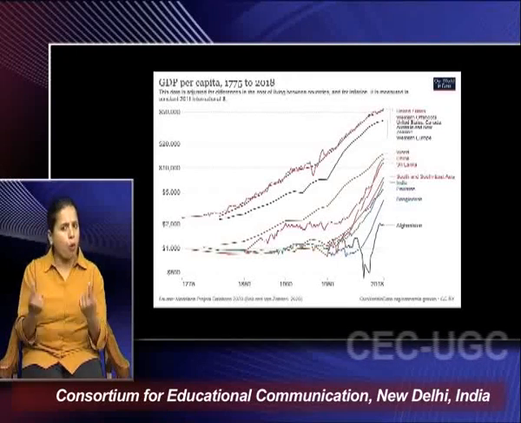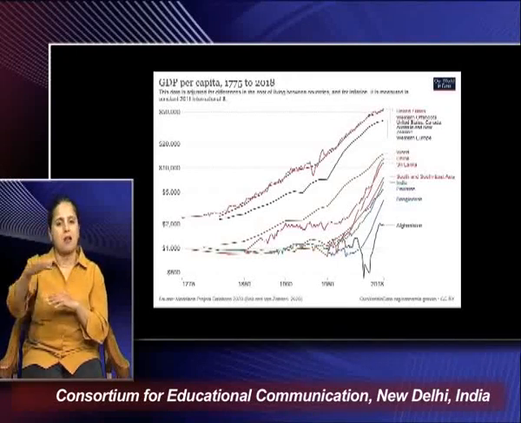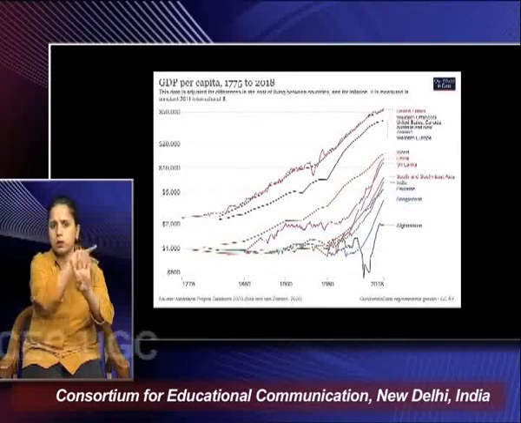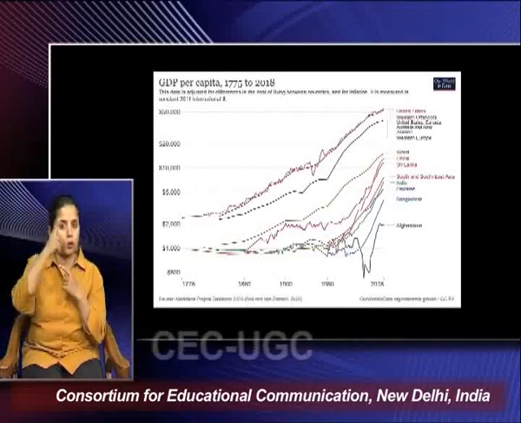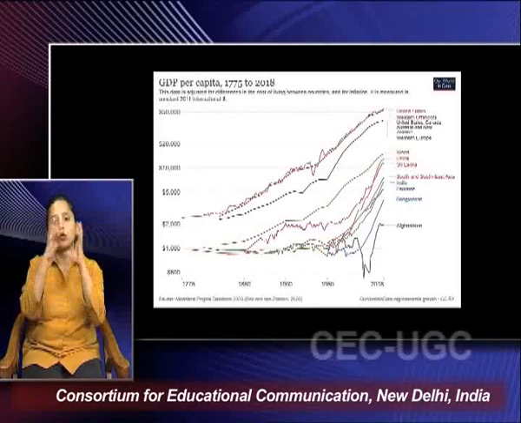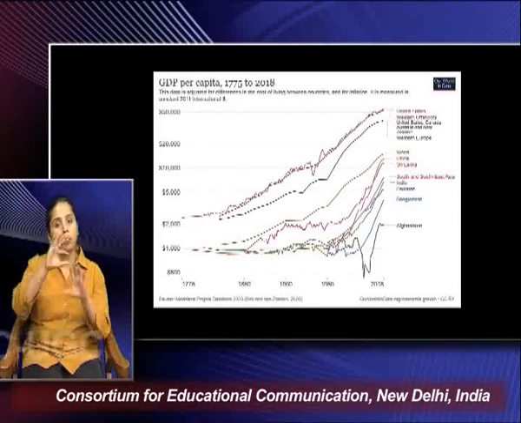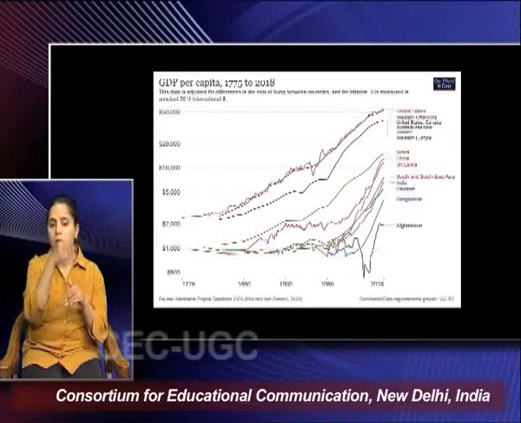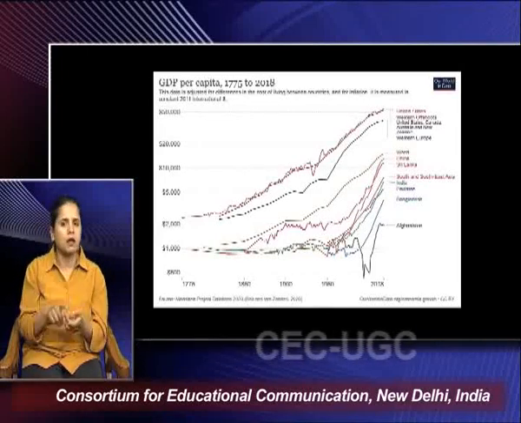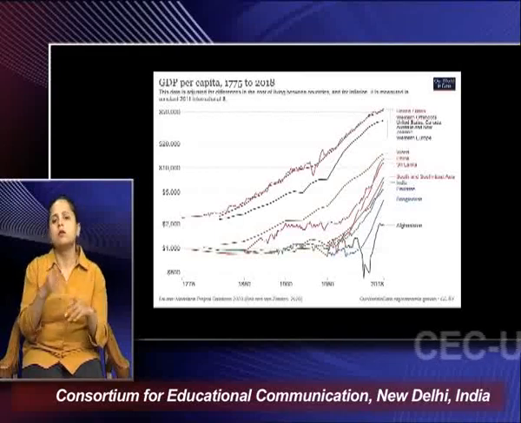So if we compare simple average statistics between countries living in Europe or in America versus those living in the global south, there is a difference of more than 10 times between some parts of these regions. And if you go to some of the Middle East countries, the per capita income in UAE, Saudi Arabia and many such countries, the income status is even higher.